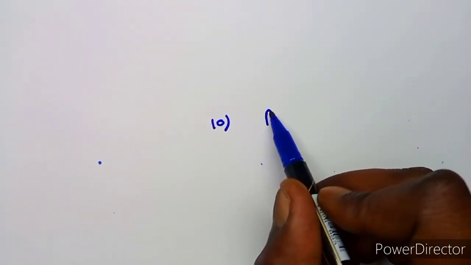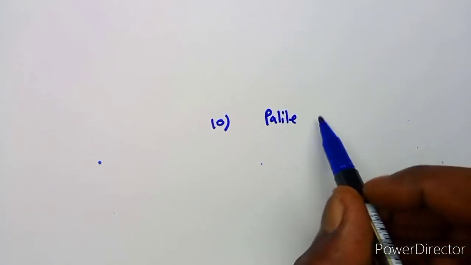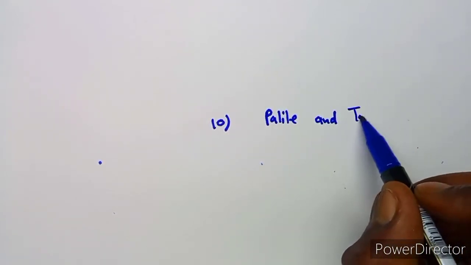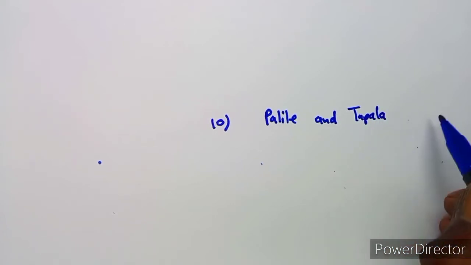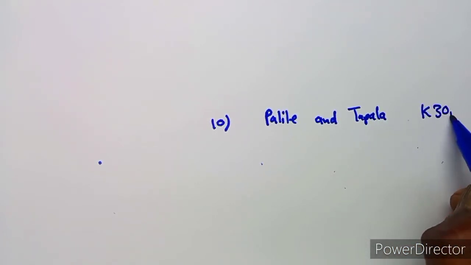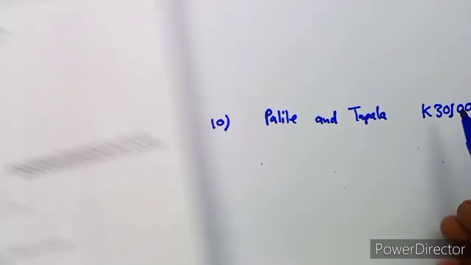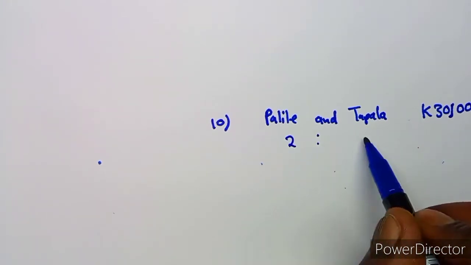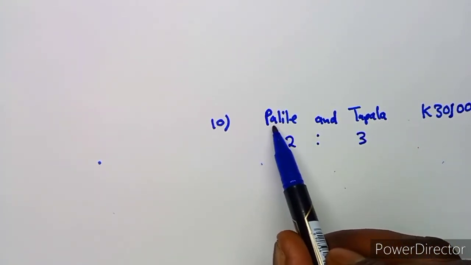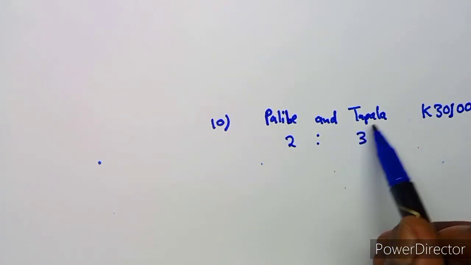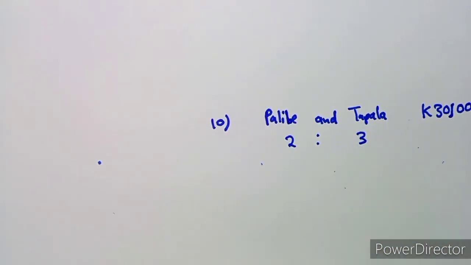Anyways, we have these two guys that are sharing a certain amount of money, which is in this case 30 kwacha, in the ratio of 2:3. So the ratio of these two guys is 2:3, which means Palive is going to have 2 and Tapala is going to have 3 according to the ratio.